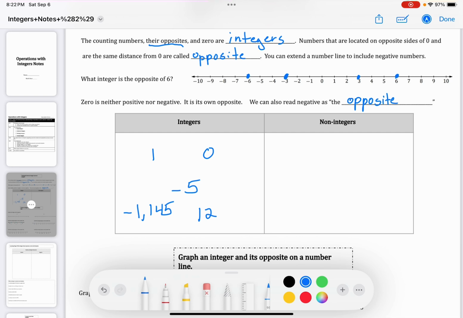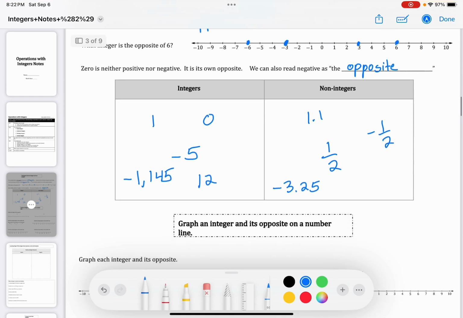Some non-integers would be 1.1, 1/2, -1/2, -3.25. So you get the idea? If there's fractions or decimals, they are not integers. We actually call them rationals.